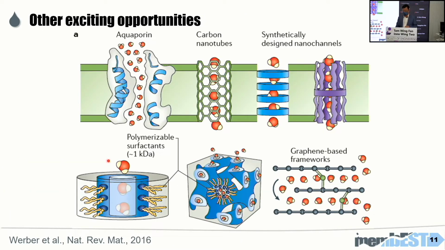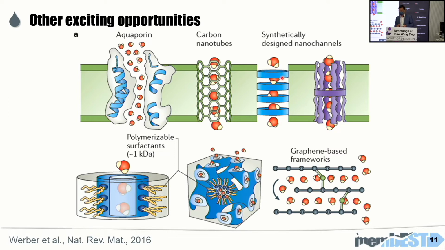Besides aquaporin, we're also interested in other materials. If you talk about natural proteins, of course, you worry about the stability of this kind of material. So one idea is, since we only need this pore region rather than the entire entity, why not make synthetic channels?